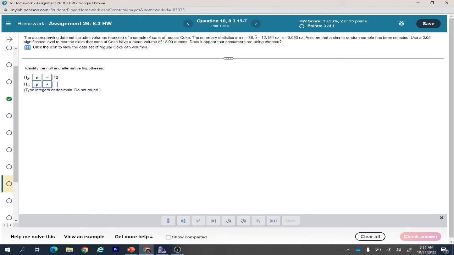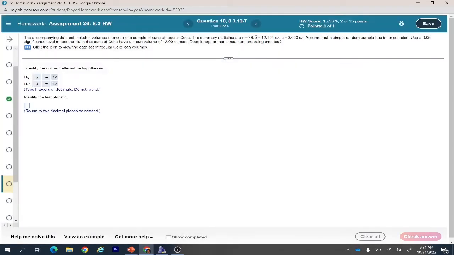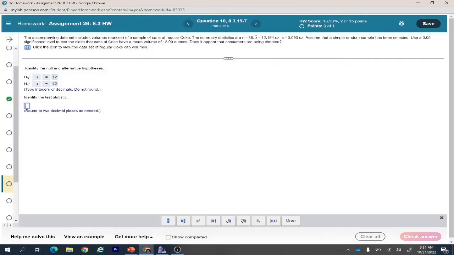What is the claim? Just read the claim. Assume that a simple random sample has been selected. Test the claim that cans of Coke have a mean volume of 12 ounces. So the alternative means it's not equal to 12. Now find the test statistic.